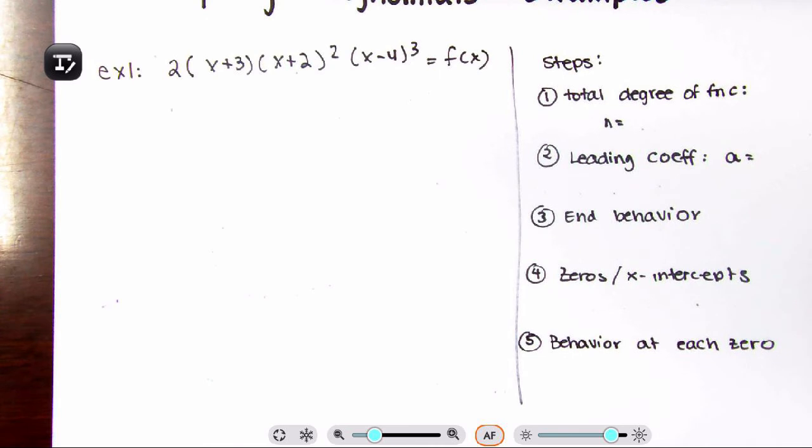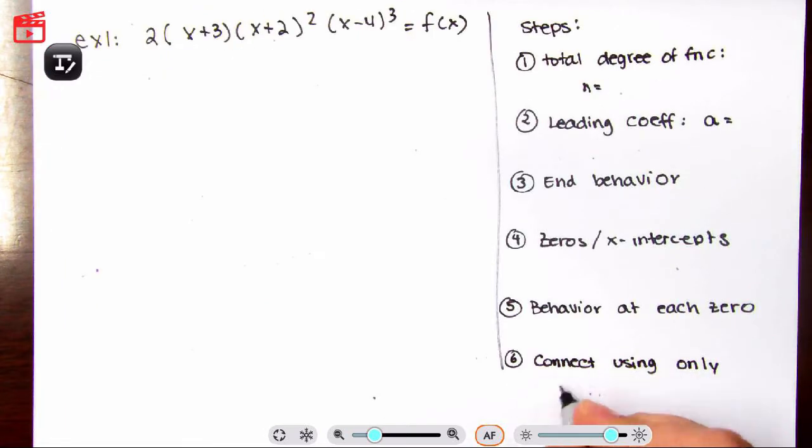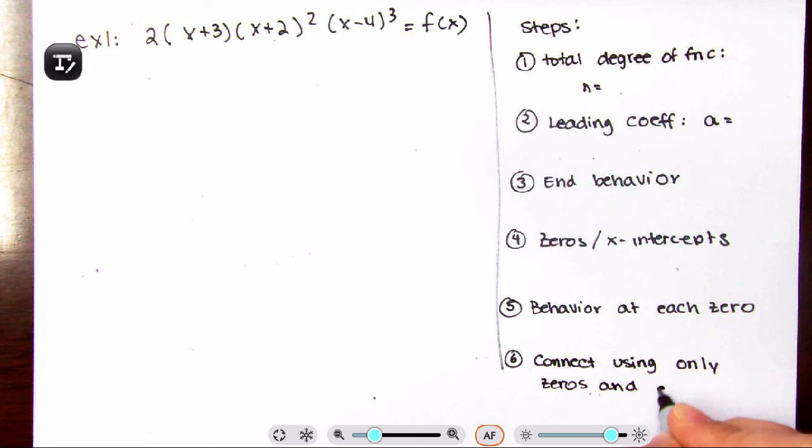And once you have the behavior, step number 6 is connect them all. And you're only going to be using your zeros and end behaviors. So you cannot touch the x-axis, you cannot cross the x-axis unless you have a 0.